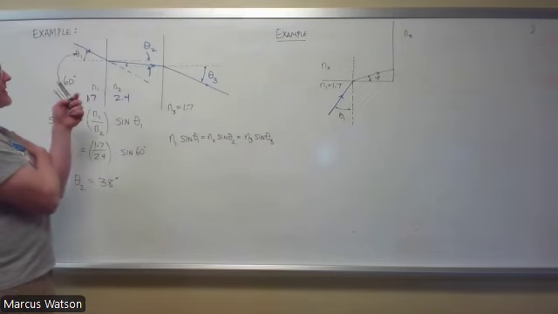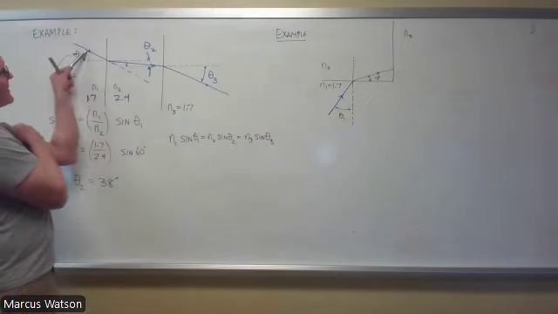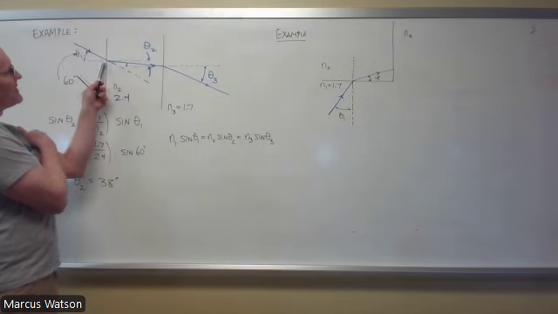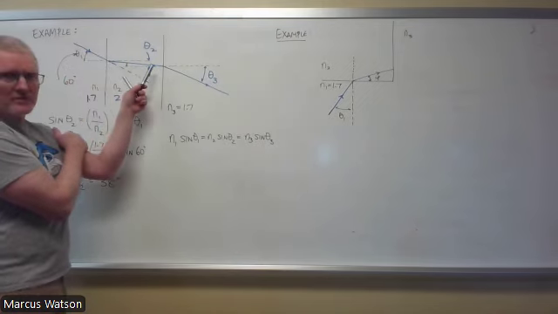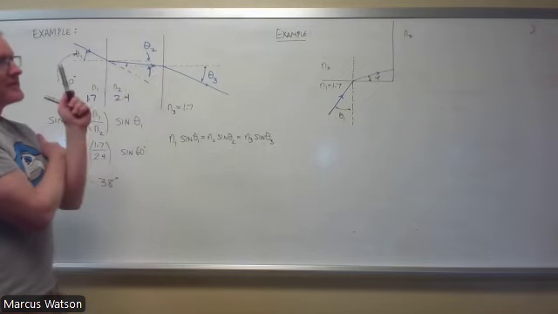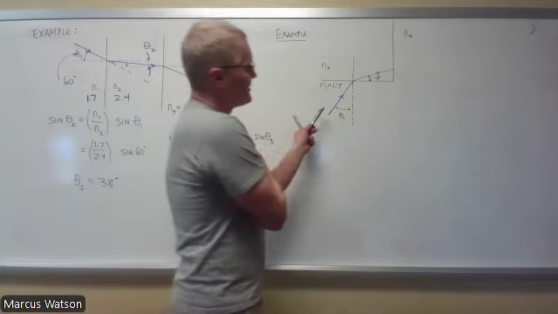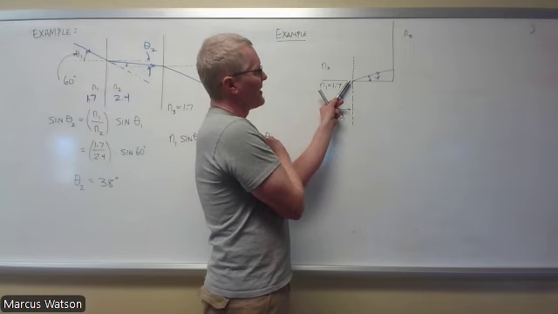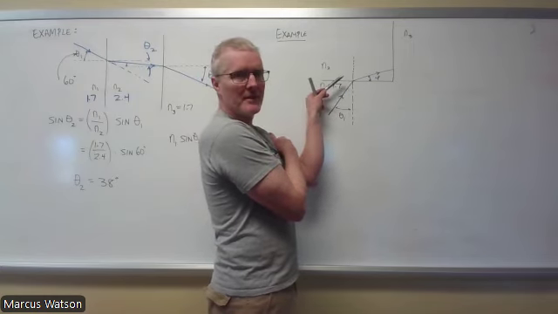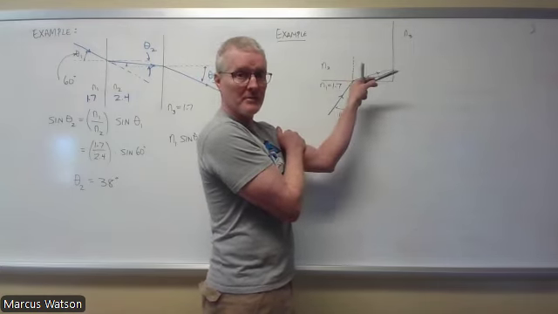Okay, so the light here is coming in at this angle and bending in towards the normal. This light here is coming in towards there at this angle, but it's bending away from the normal.